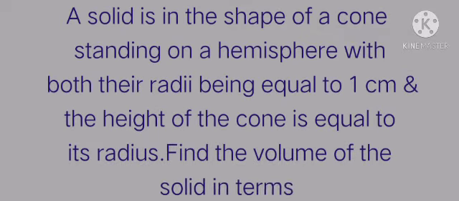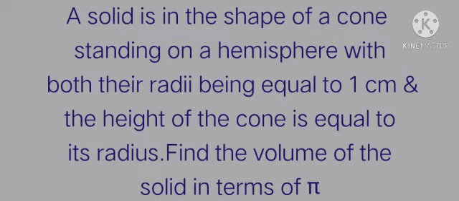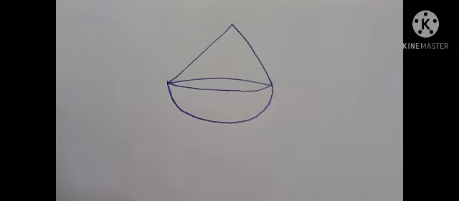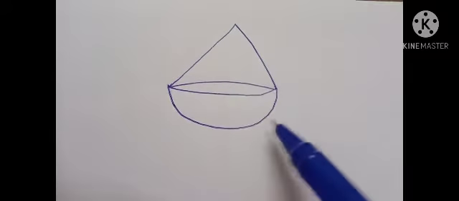Find the volume of the solid in terms of pi. That means we don't give the value of pi, because here we have to find the volume in terms of pi itself. This is the figure for the question.